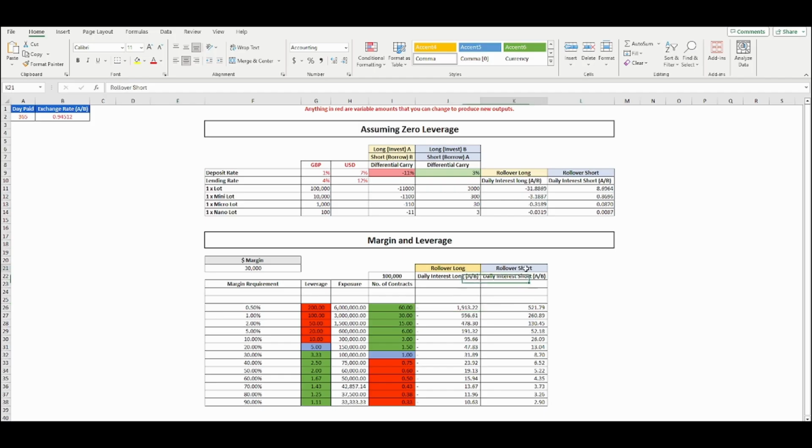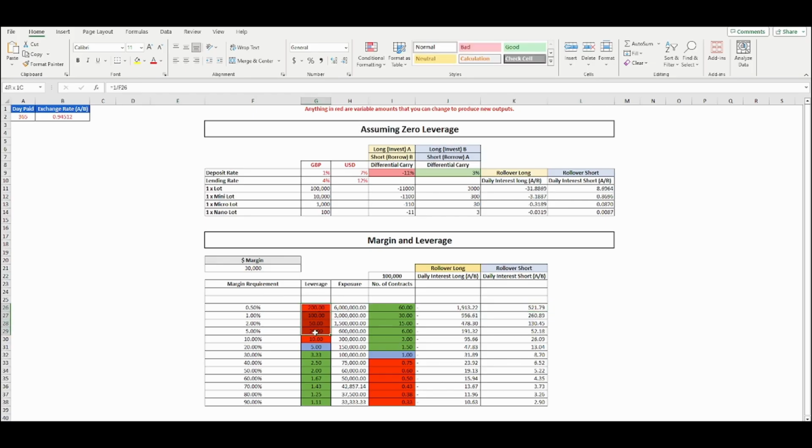Whereas if you were to go short the exact same currency pair at the exact same deposit and lending rates with 0.5% margin requirement, 200 to 1 leverage, and a $30,000 trading account, you would be getting paid 521.79 units in currency.